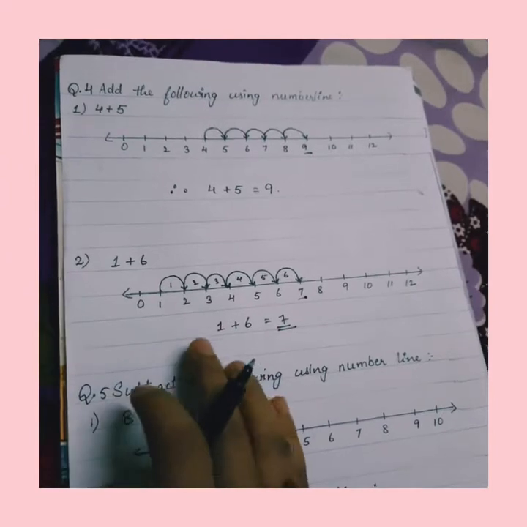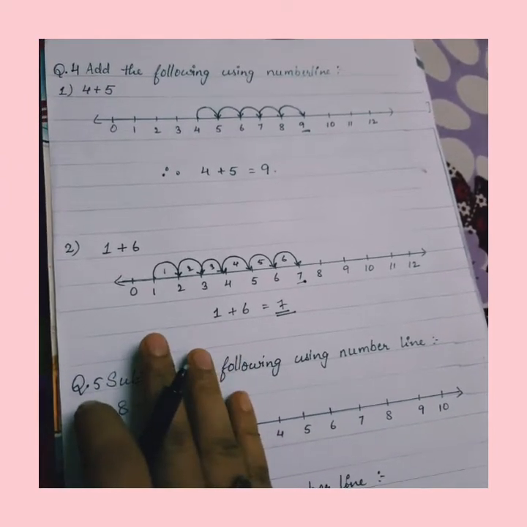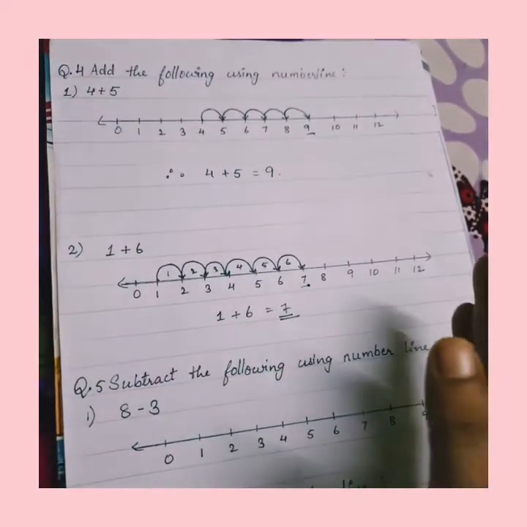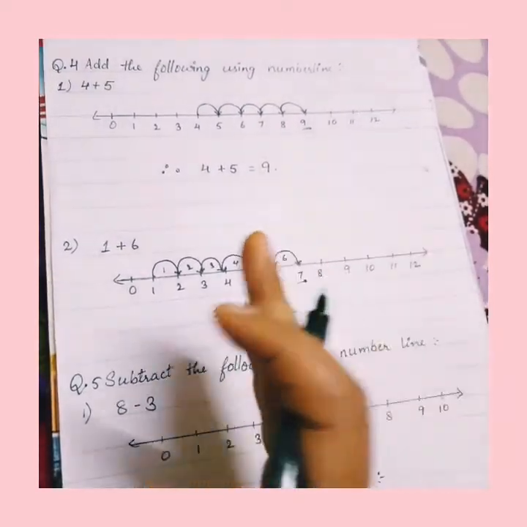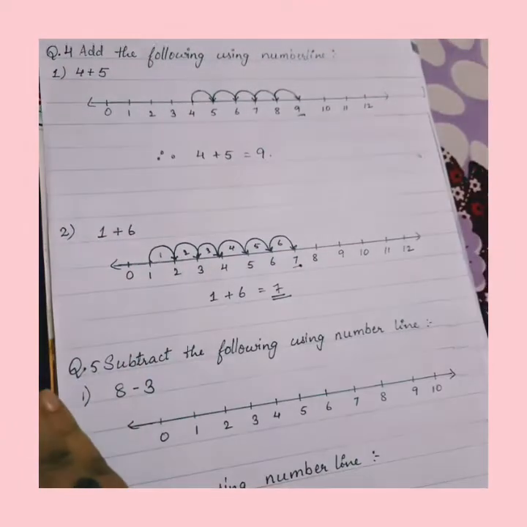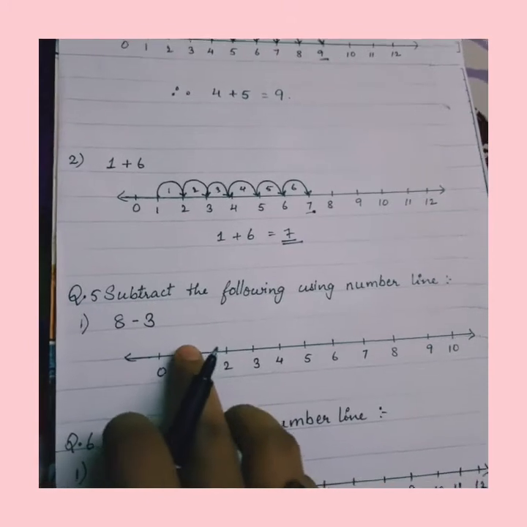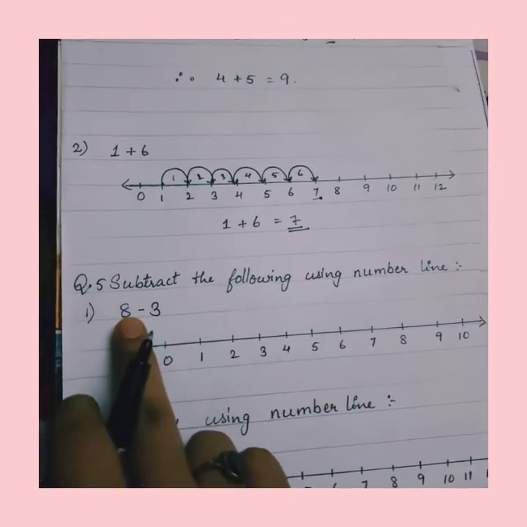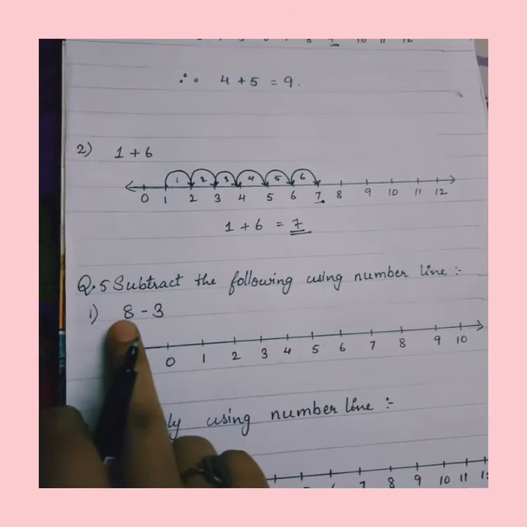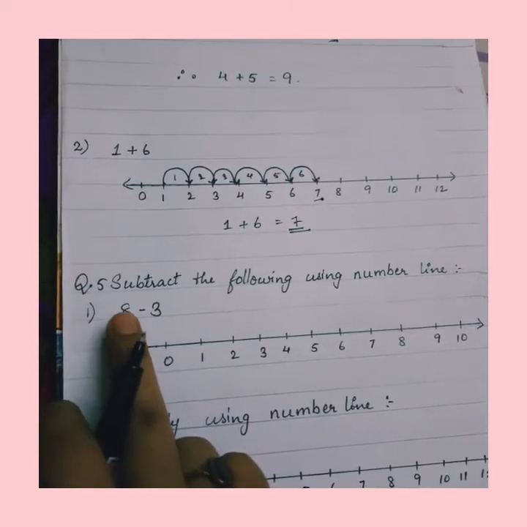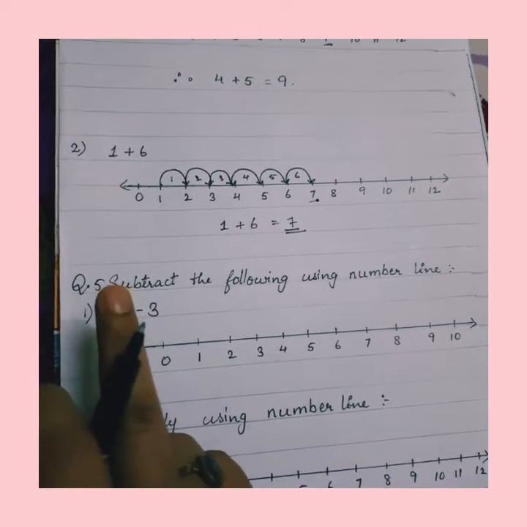Similarly, we can do the subtraction also. As we have seen on the number line, on moving to the right hand side, we have to add the number. And for subtraction, we have to move to the left hand side. So, one sum is given to you for the subtraction. You can see here 8 minus 3. Means we have to start from 8 and move to the left hand side 3 steps.